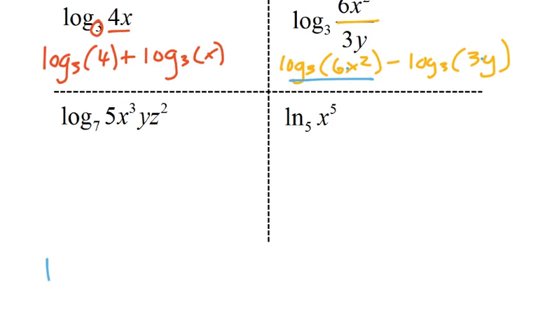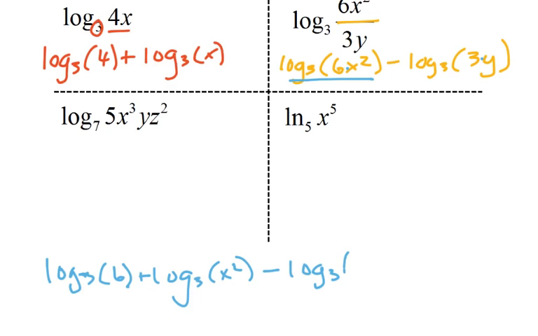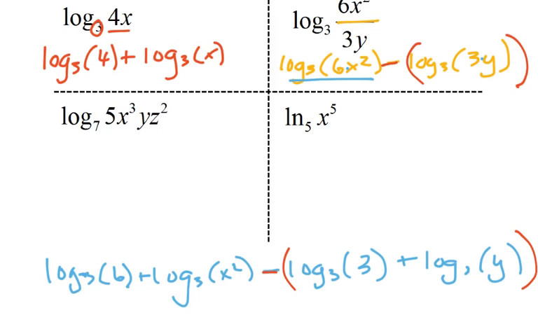You can actually have log base 3 of 6 plus log base 3 of x squared minus log base 3 of 3 and then log base 3 of y. Now be careful because this is a subtraction that subtracted everything after it, so we do actually have subtraction here as well. So I'm going to rewrite so that I actually just distribute that negative.